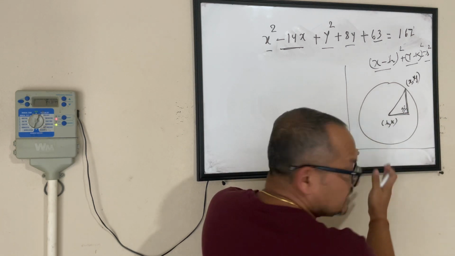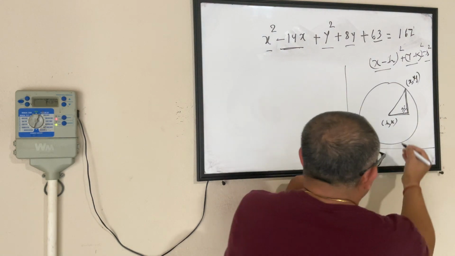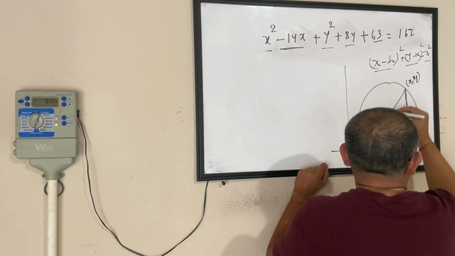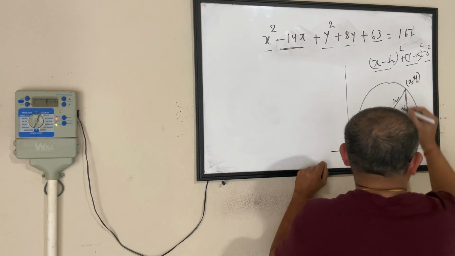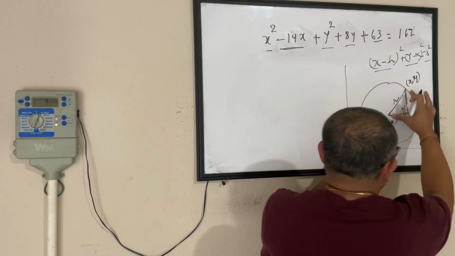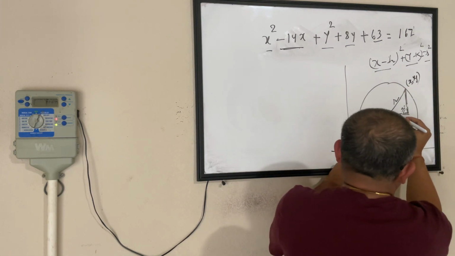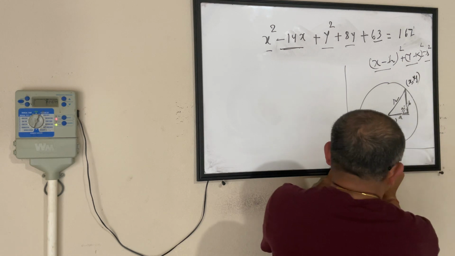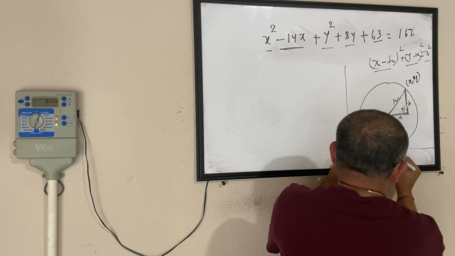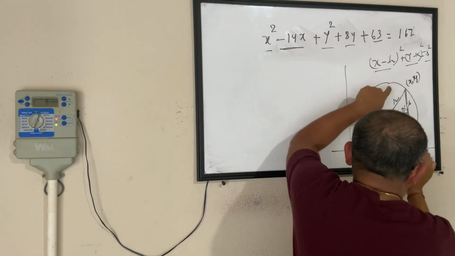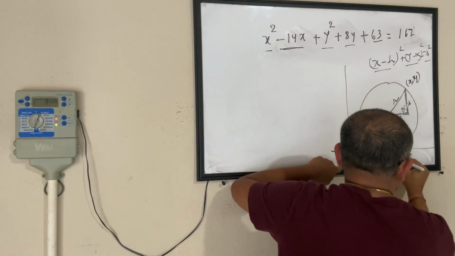So if you visualize this in a coordinate plane, what we are trying to find out is this is the radius, right? So the length of this radius will be equal to, as per the Pythagorean theorem, let's say this is A and this is B. So A² + B² equals this R², right? This is what the Pythagorean theorem says.